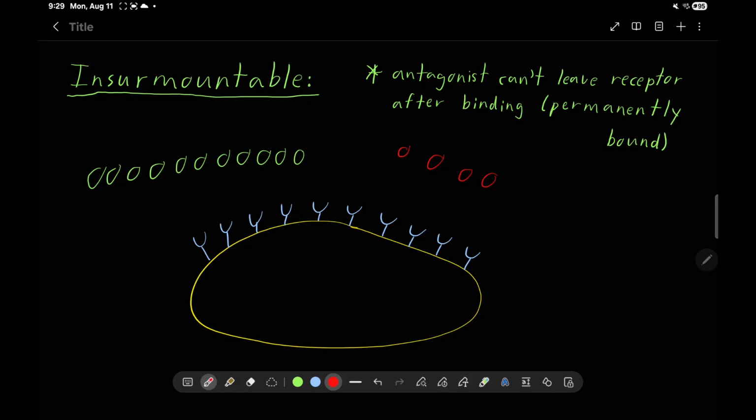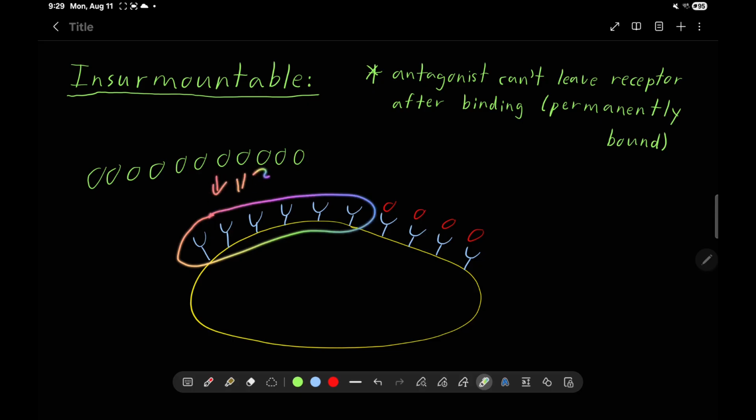So let's say this insurmountable antagonist goes over and binds to 4 out of our 10 receptors. I'm just going to delete these arrows to make it a bit clearer. But now, basically, out of the 10 receptors we have, 4 of them are occupied by our insurmountable antagonist. And that means that only 6 receptors are left for your agonist to bind to, instead of the original 10.